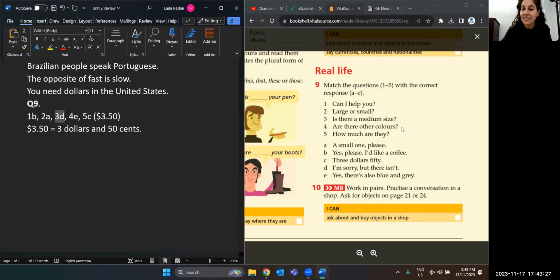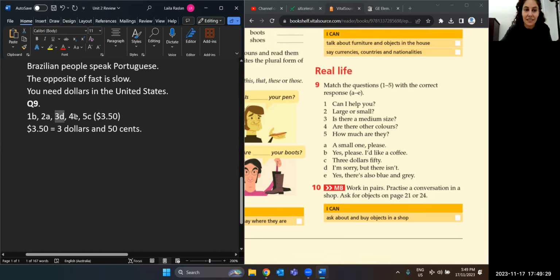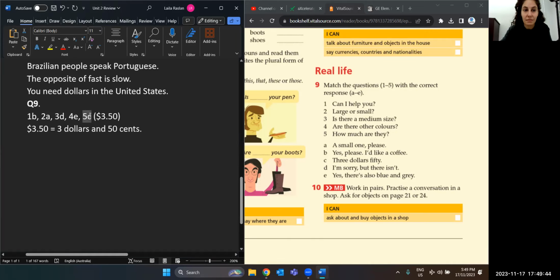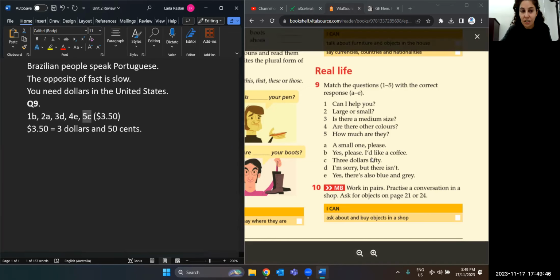Are there other colors? Yes, there's also blue and gray. Yeah. How much are they? $3.50.